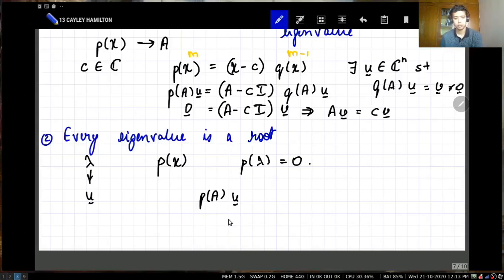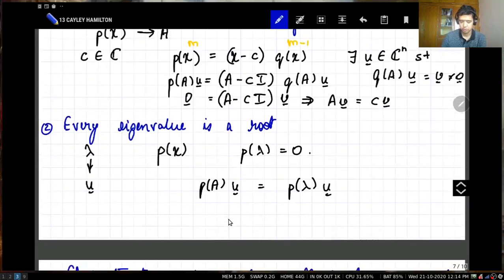So let's suppose that u is an eigenvector corresponding to the eigenvalue lambda. So P of A times u is equal to P of lambda times the vector u, right? And u is a non-zero vector.